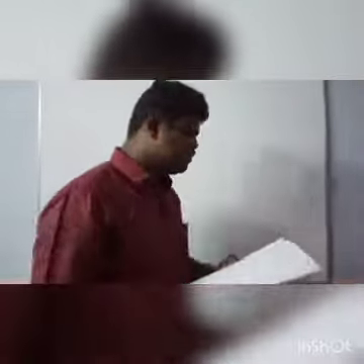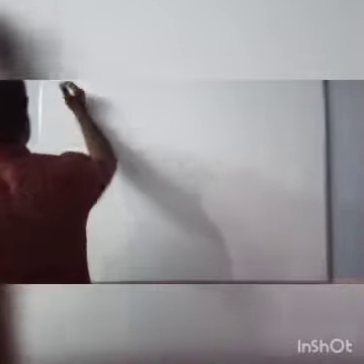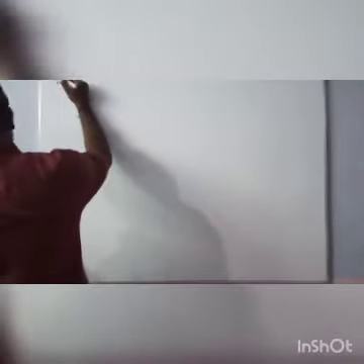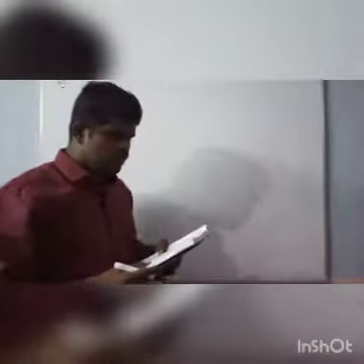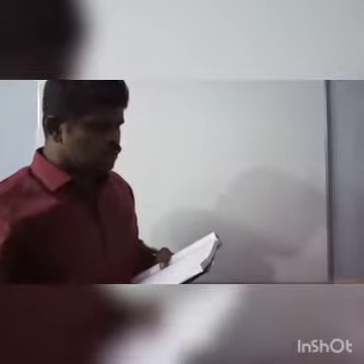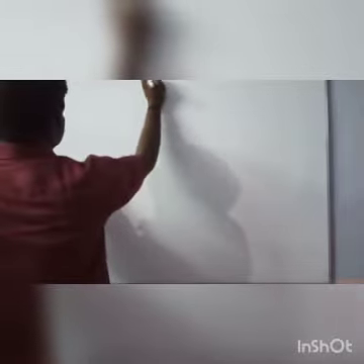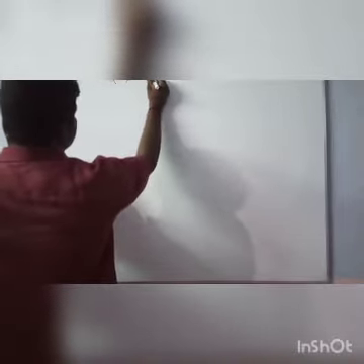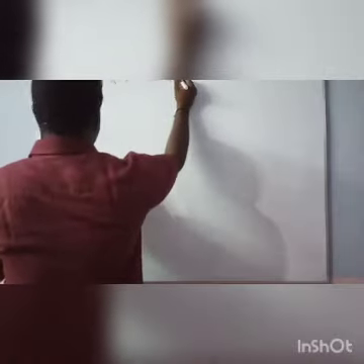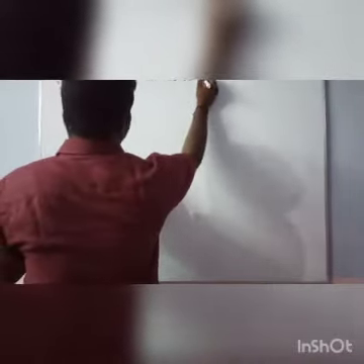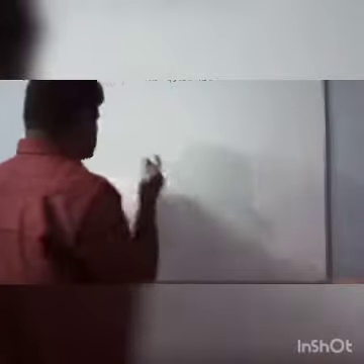Now, example 3.1. Alpha, beta are the roots of the quadratic equation 17x square plus 43x minus 73 equal to 0.